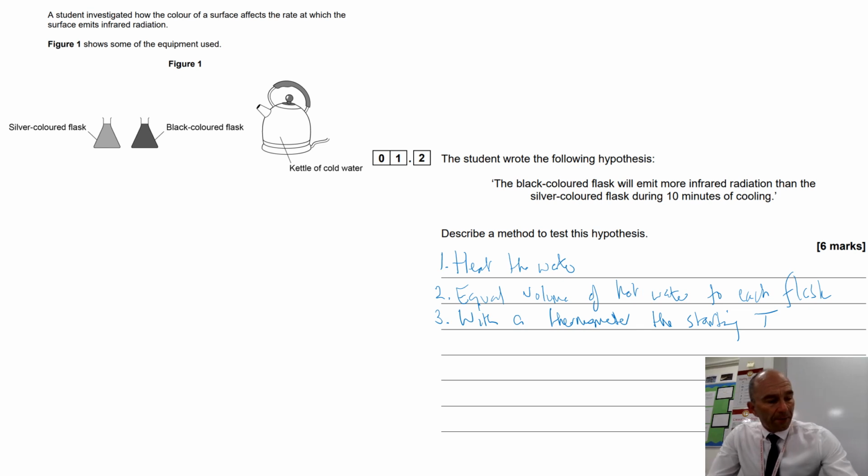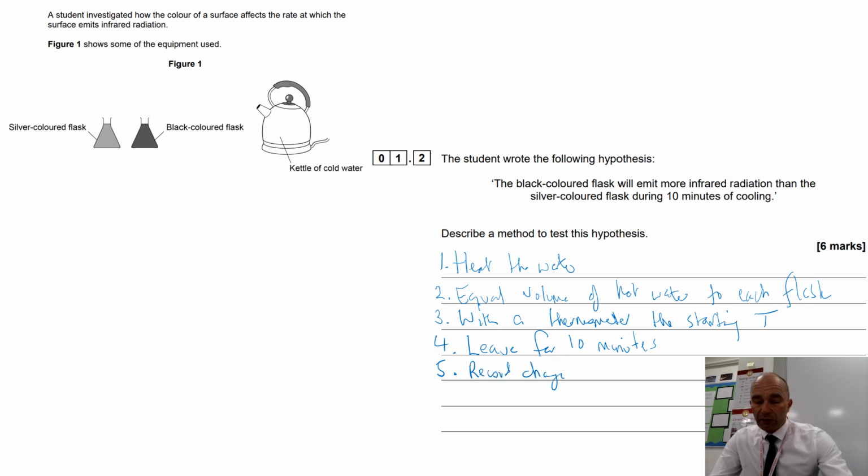So we then need to leave our flasks for 10 minutes. And then at the end of that, we need to record the temperature again.